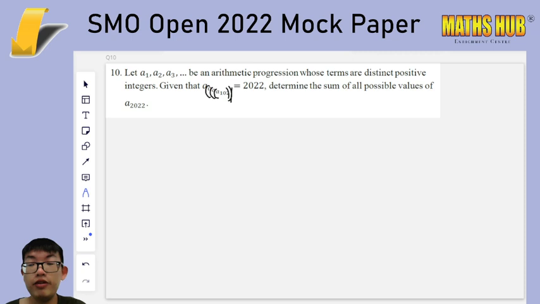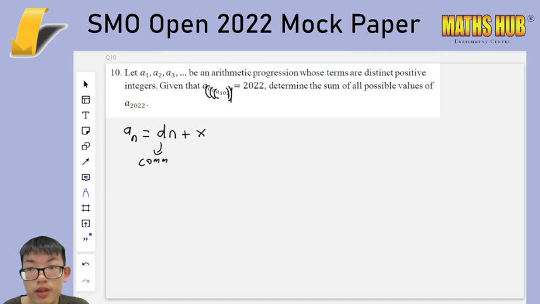The arithmetic progression has a common difference and a first term. I don't really need the first term. I'm just going to write it as dn plus x. And d is the common difference. We know that this common difference is positive because the whole sequence has distinct positive integers.